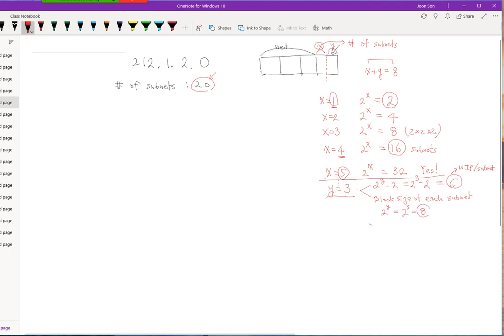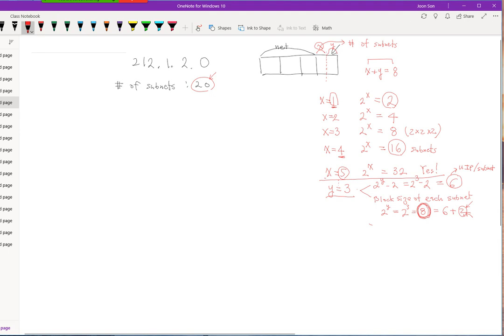So the block size of each subnet is 8, because you have 6 usable IP addresses, plus 2, one for the network address and another for the broadcast address. So the block size for each subnet is 8.